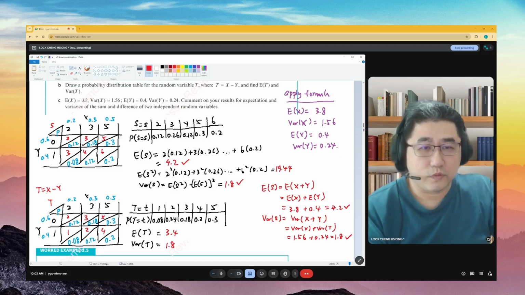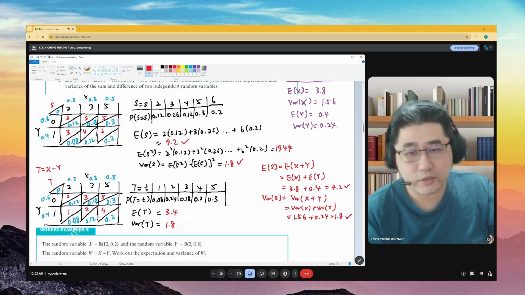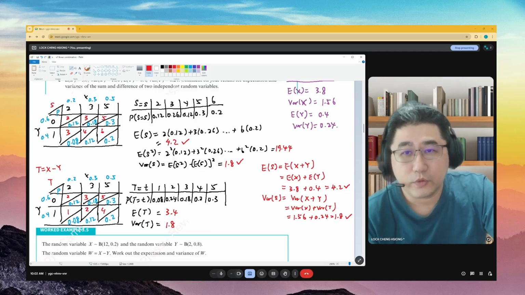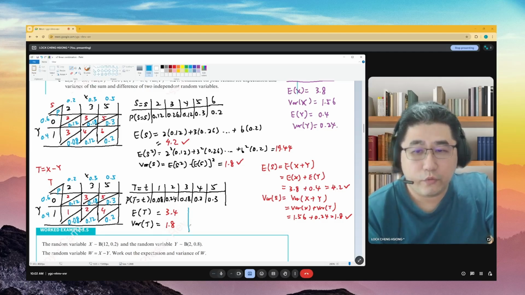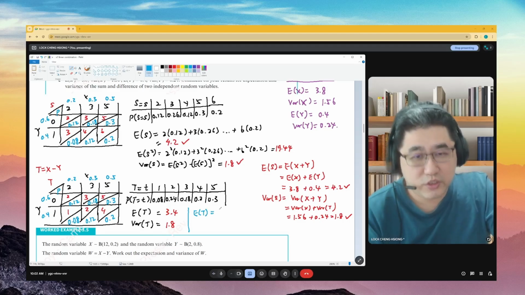Okay, sorry, we're out of space. I'm going to squeeze a little bit. For the expected value of t, where t is x minus y, that gives us expected of x minus expected of y.